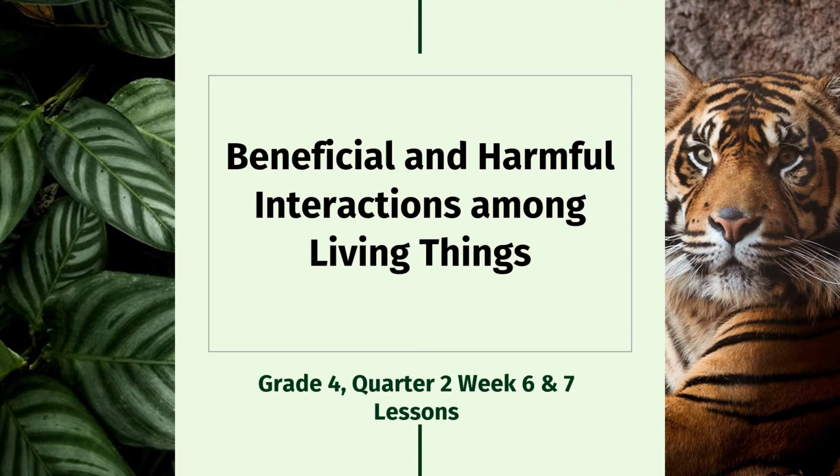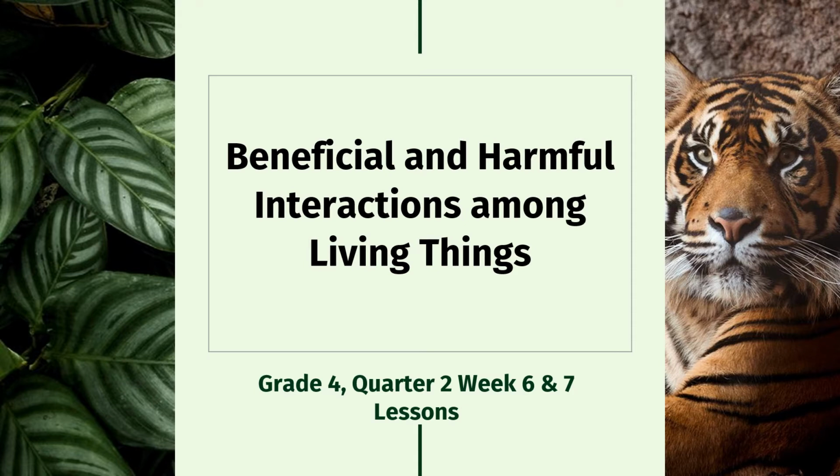Individual organisms live together in an ecosystem and depend on one another. In fact, they have many different types of interactions with each other, and many of these interactions are critical for their survival. In today's video lesson, you will be familiarized with how they interact with each other and how these interactions affect the environment.